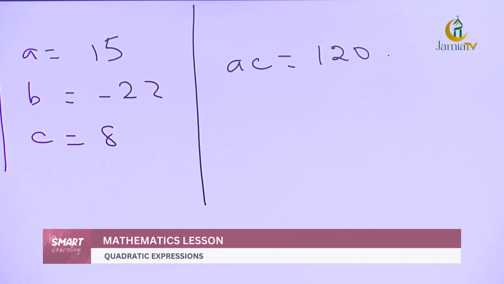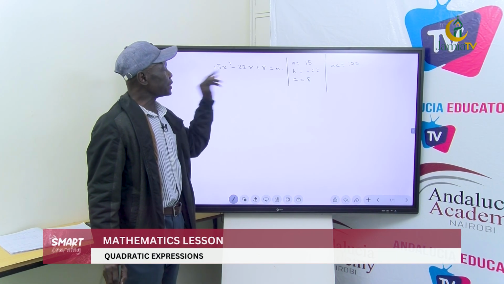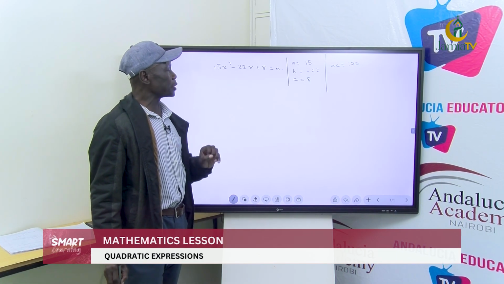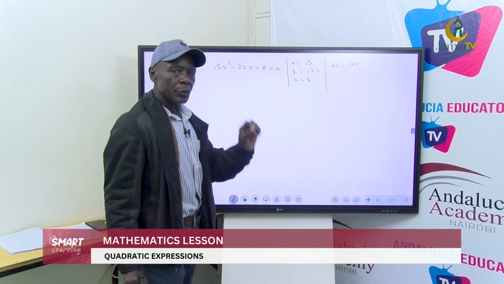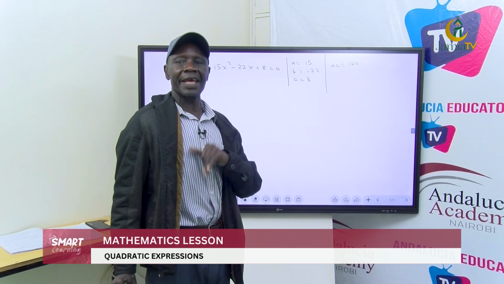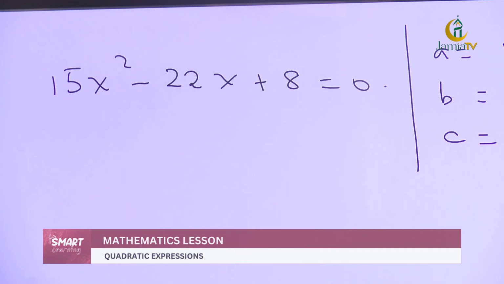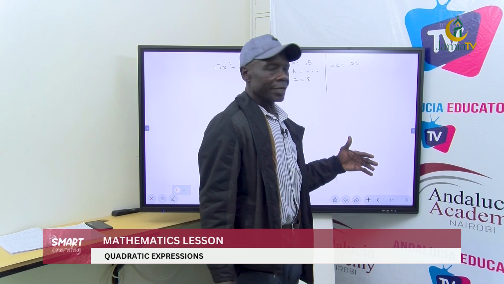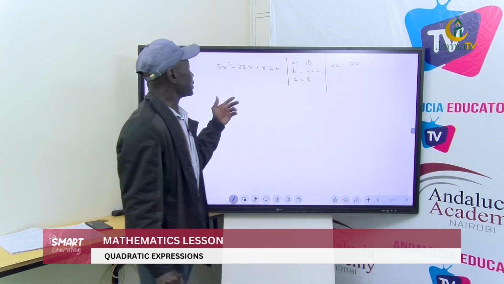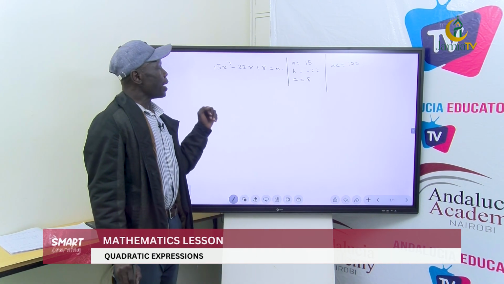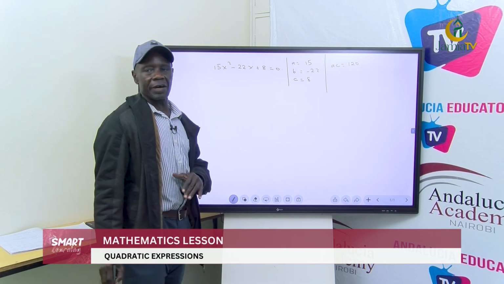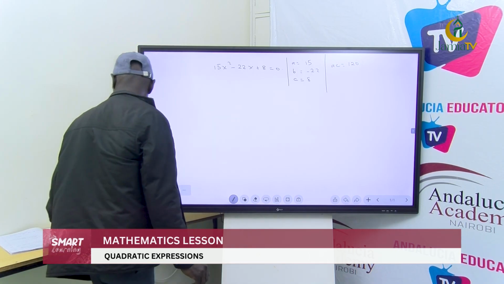Right? So now, our A is positive, B is negative, and C is positive, which means my two factors will both be negative, because a negative times a negative will give us a positive. So we need to get two factors of 120 which, when we add, should give us negative 22, and when we multiply, should give us positive 120.